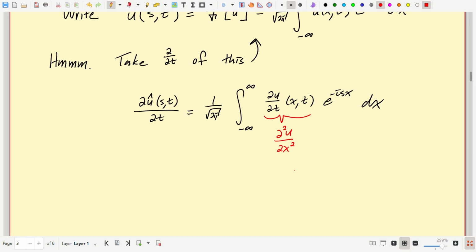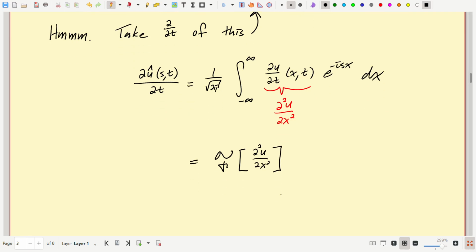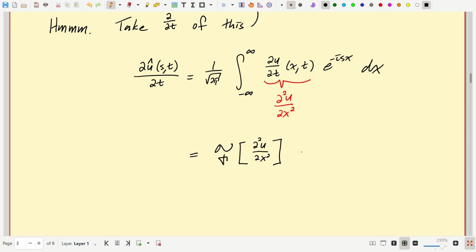And so what I'm taking here is the Fourier transform of a second derivative. And we know the Fourier transform, that's going to spit out minus s squared times the Fourier transform of u.